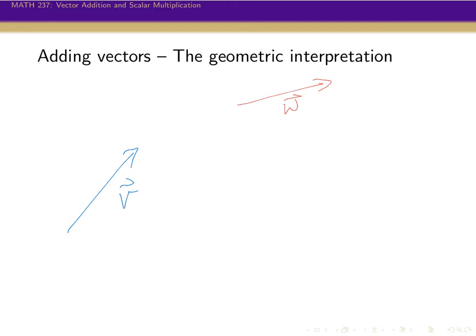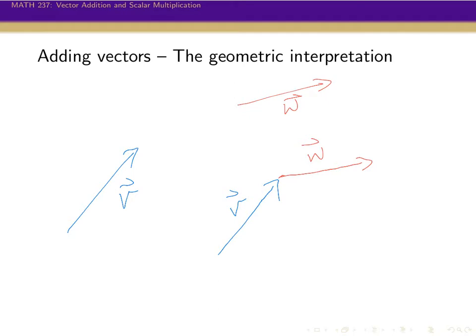And since vectors, remember, are not dependent on location, if I copy these so they have the same length and the same magnitude, they're the same vectors. So there's my V, there's my W again.